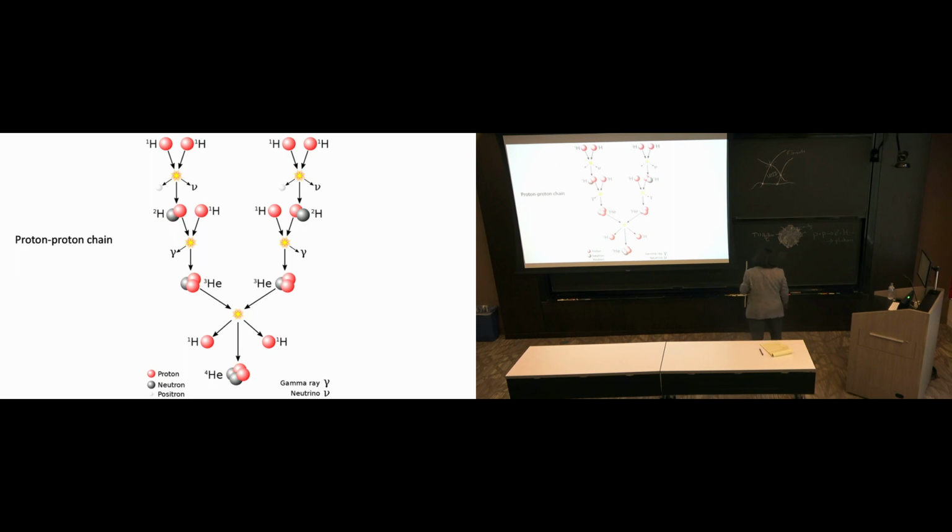And helium, because it has a larger binding energy, the production of helium results in lots of energy being carried away by photons and by positrons. Okay?